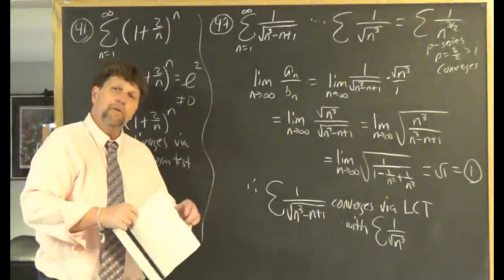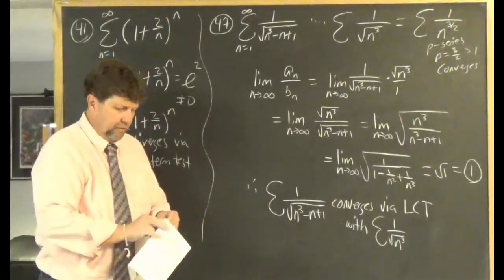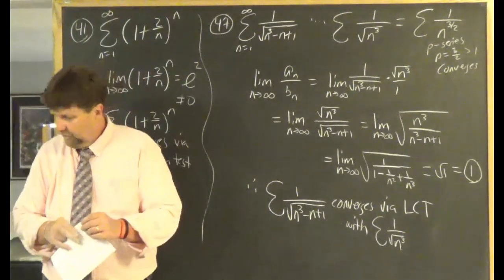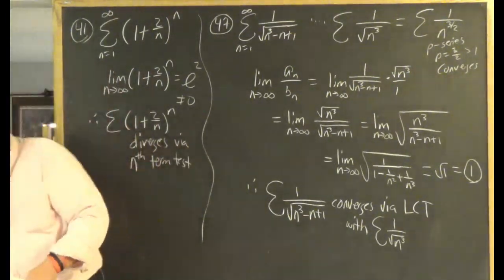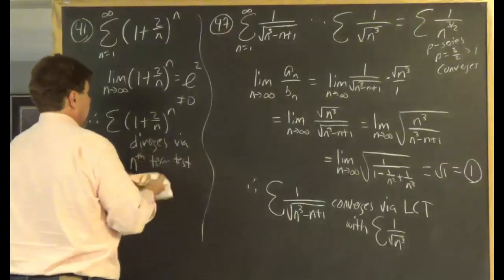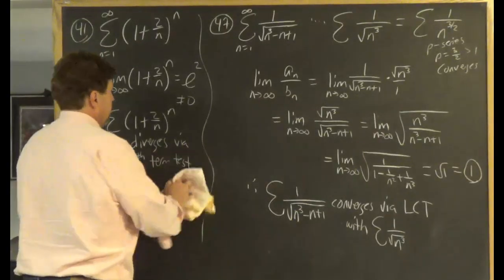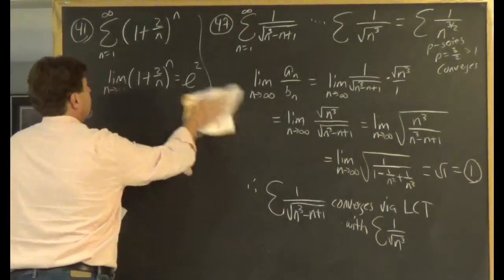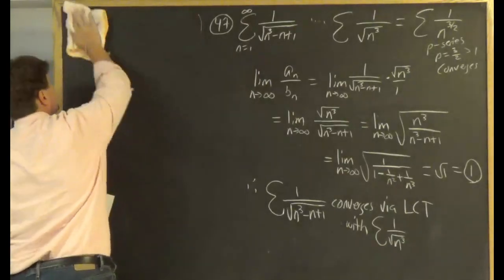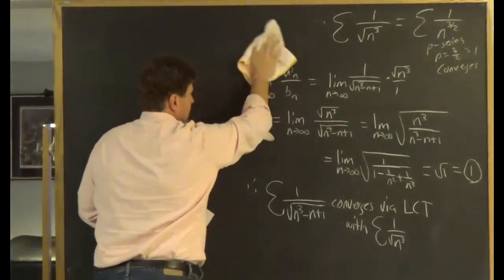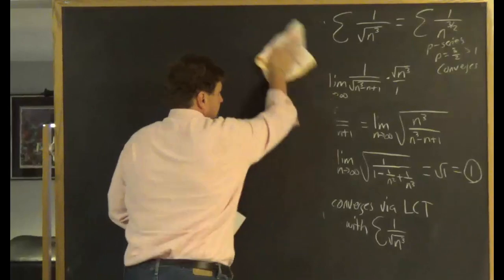So let's see. Oh, there was one more I wanted you to do. That was number 49. I didn't think I'd have room, so let me grab my eraser and put number 49 up here. 49 is kind of a cool one. It's subtle. It's got some coolness because of its subtlety.